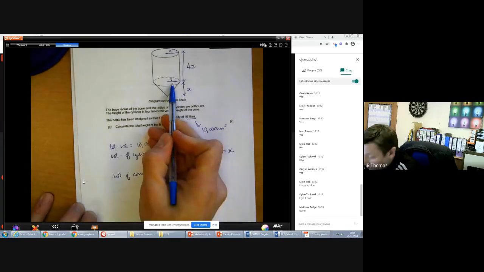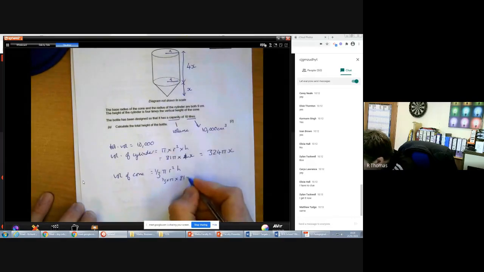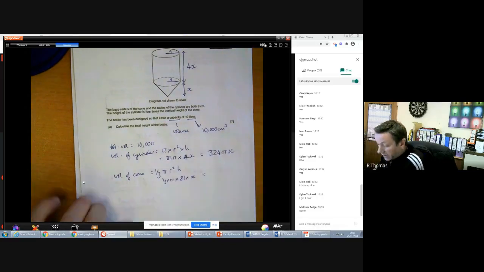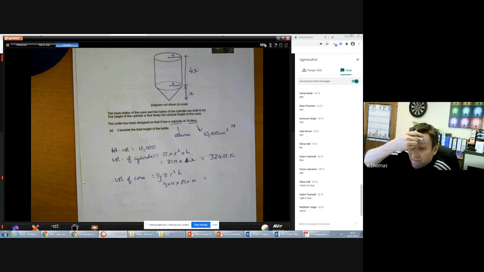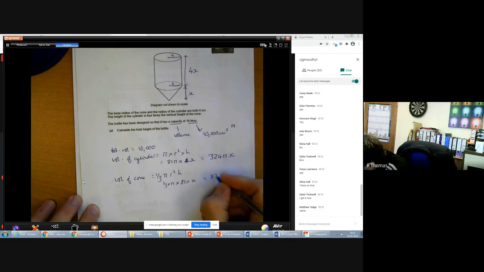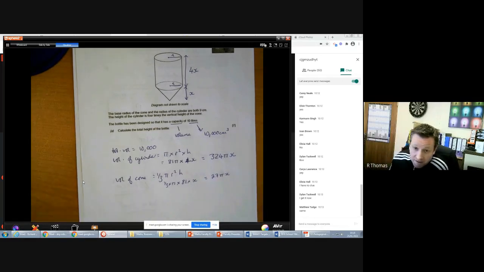And if we tidy all of that up, 1/3 of 81 is 27. So the volume of that cone is 27 pi times this height we're trying to find, x. Any questions so far? I imagine you've all left right now and I've gone to make a cup of tea.